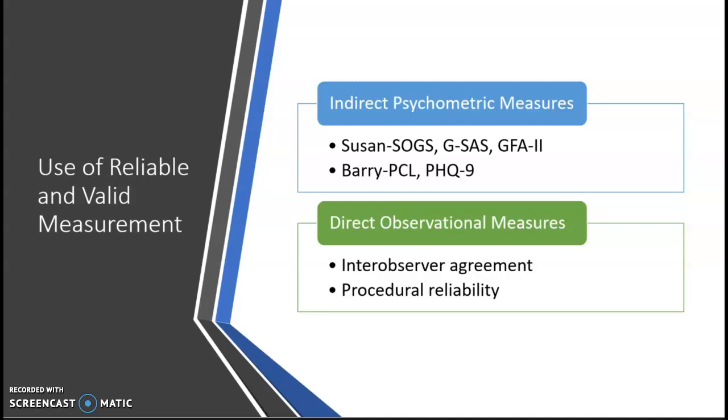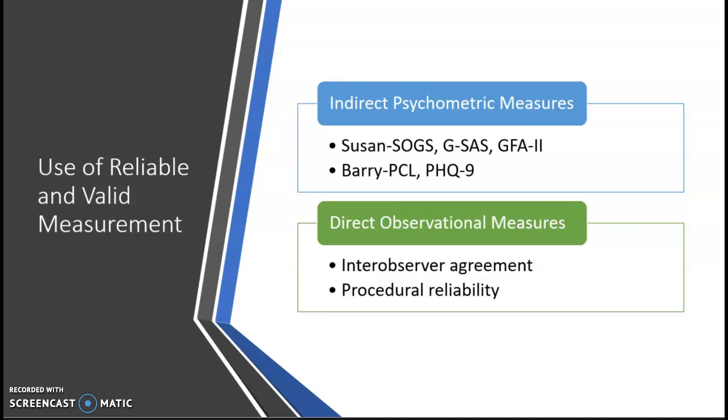Barry was assessed using a post-traumatic stress disorder checklist. That's the PCL, the military version, and that measured PTSD symptoms. He also used the Patient Health Questionnaire 9 in order to measure depressive symptoms. Similarly, both of these items are said to have very strong reliability and retestability.